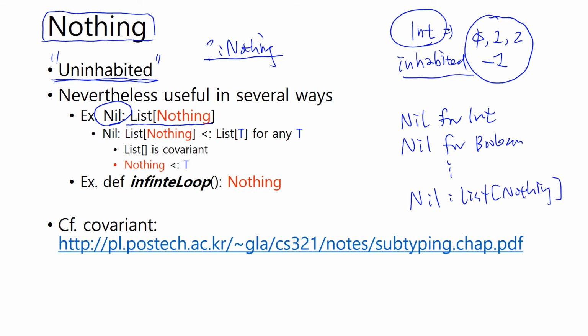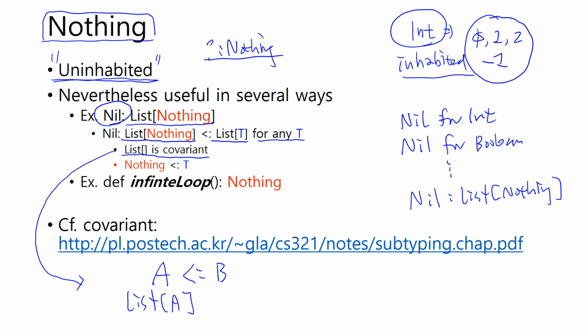And the way it works is that List[Nothing] can be shown to be a subtype of List[T] for any type T, because list is defined as covariant. What I mean by list being covariant is, if A is a subtype of B, List[A] is defined to be a subtype of List[B].